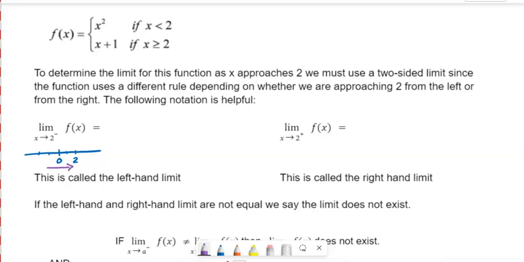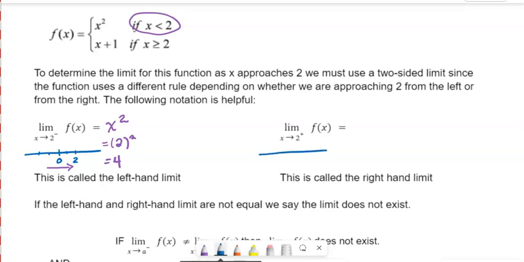So if we're approaching 2 from the left, then that means any numbers that are less than 2. So we're going to evaluate the function x squared. We're going to evaluate the limit of this function as x approaches 2 from the left of x squared. And we plug in our value and find out that that value is 4. And this is called the left-hand limit.